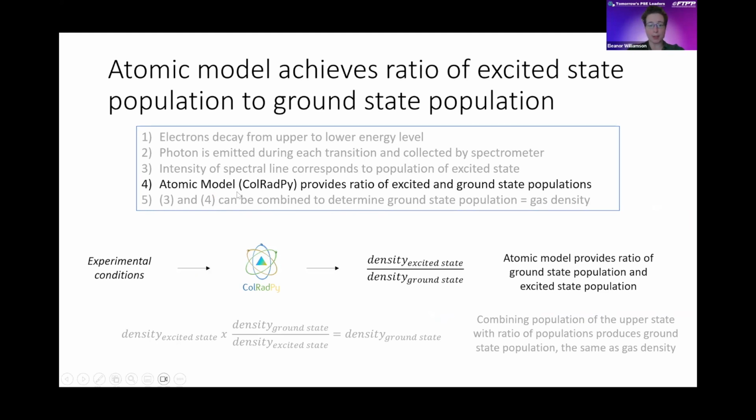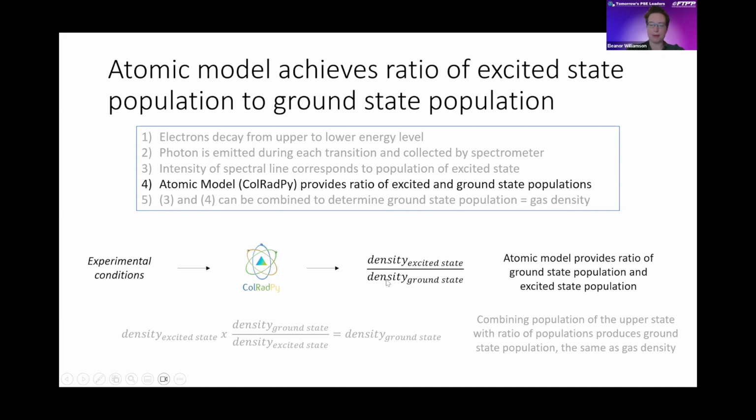So we use an atomic model. The atomic model that I use is called Colruyt Pi, a piece of code that was written by a former grad student in my former lab group. Essentially, you plug in experimental conditions, electron temperature, electron density, and some geometric factors for the chamber size, and out pops the population ratio, that is the density of the excited state divided by the ground state.